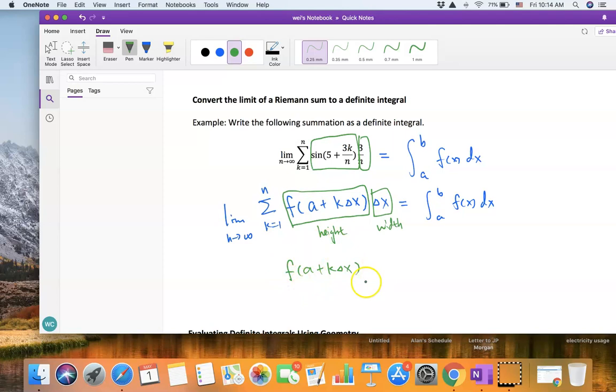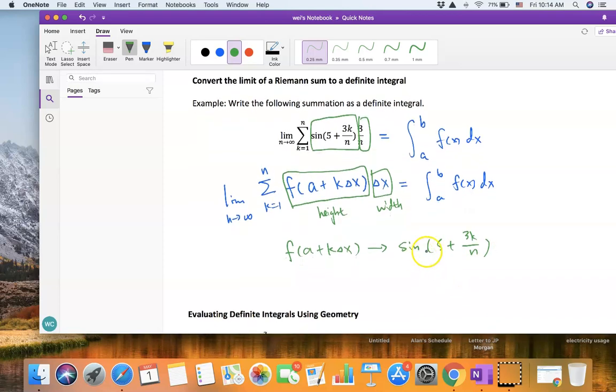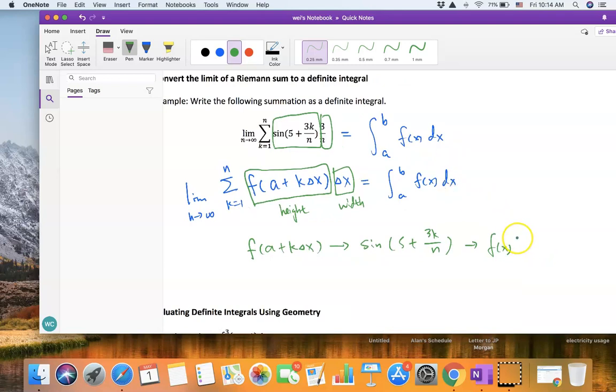Therefore, we know that this function is equal to sine of pi plus 3k over n. So the function f of x, we know it's sine of x.